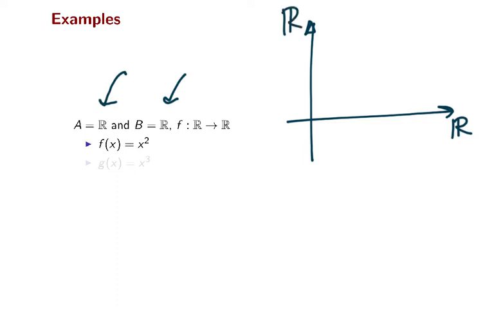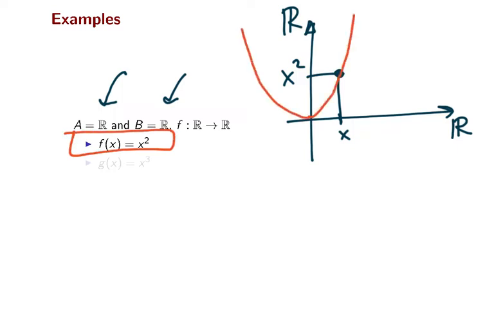This notation, f of x equals x squared, means that for each value x here, you do the square, and that will be the point of the function. You know that this looks like a parabola, so that would be the representation of the function.